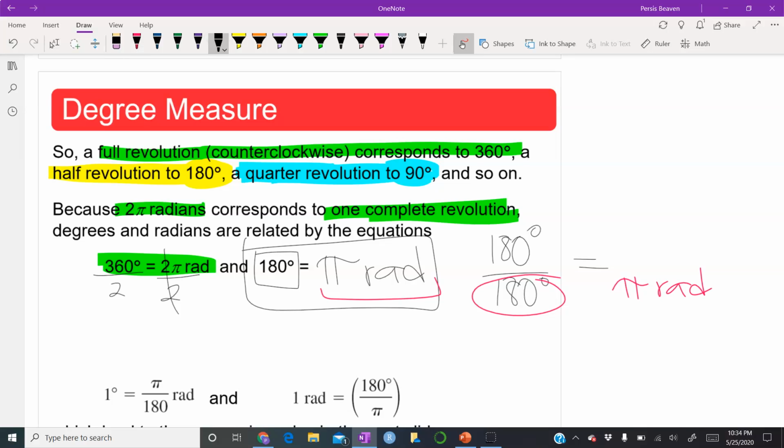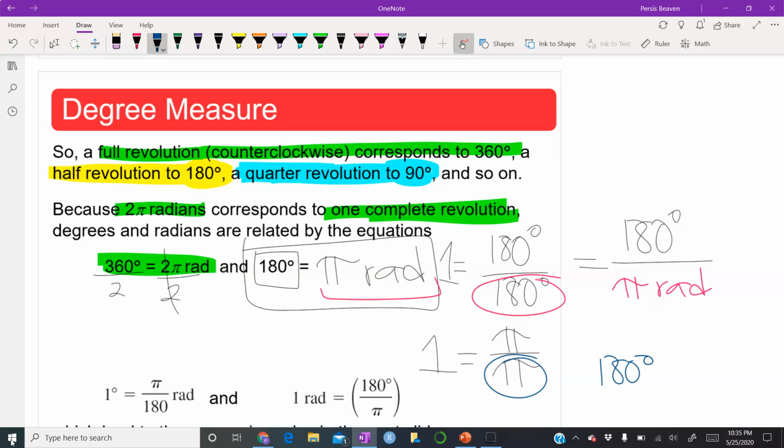And so I'm going to replace that, but I'm going to leave the 180 here on top. Just like I did that, we know that pi over pi is also equal to 1, right? Just like this one, equal to 1. So let's now replace pi with 180 degrees.